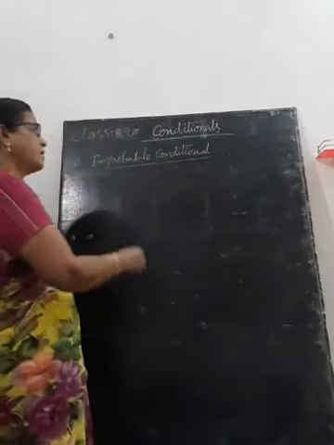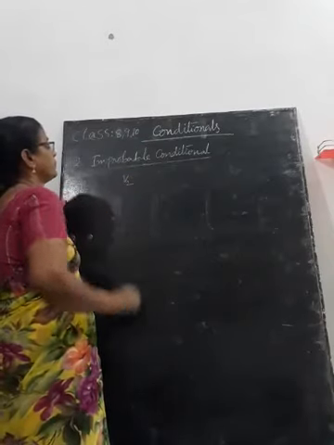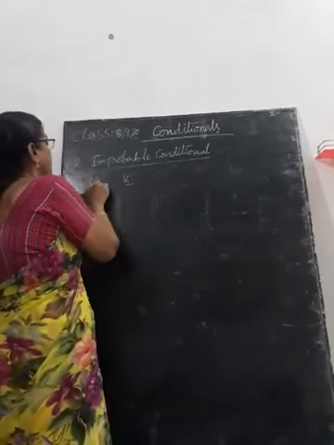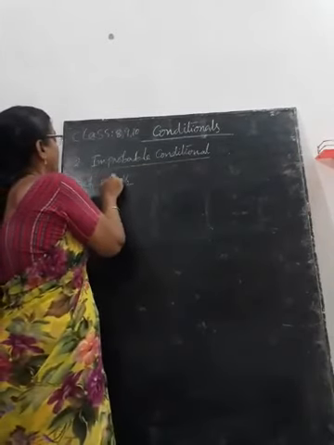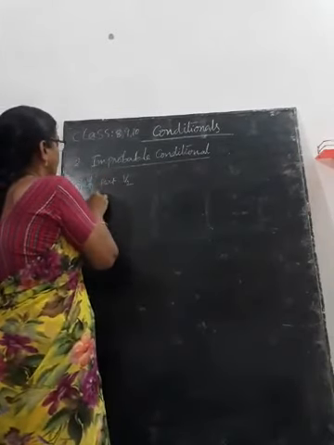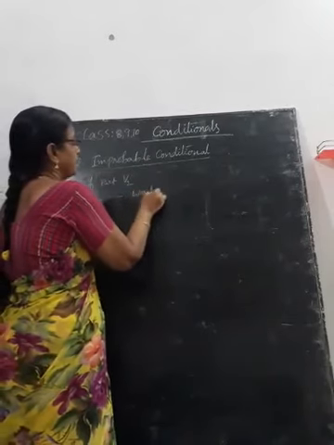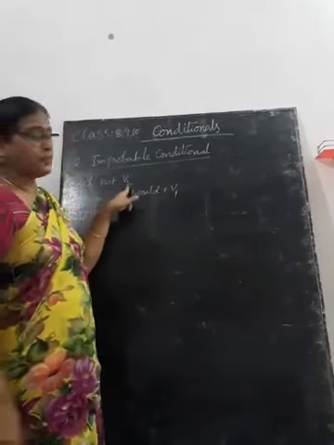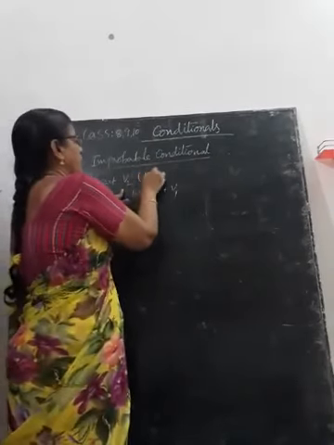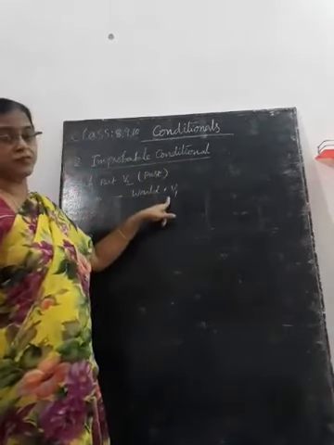Commonly, the if part contains the V2 form. In the sentence there are two parts, the if part and the main part. The if part contains the past form of the verb, the V2 form, and the main part contains would plus V1.